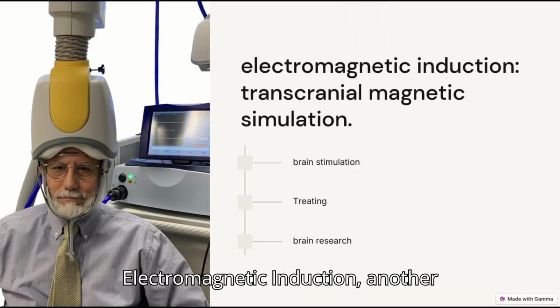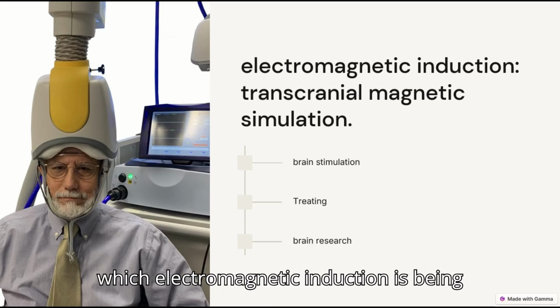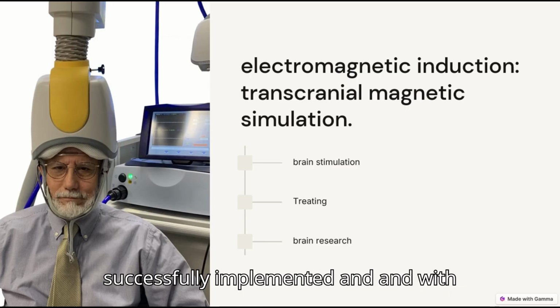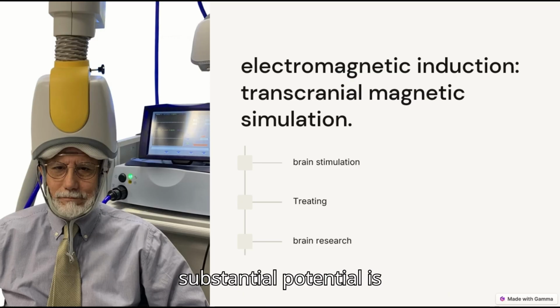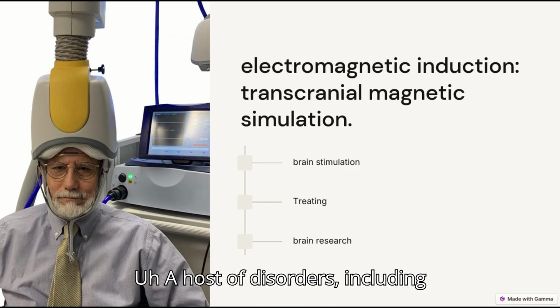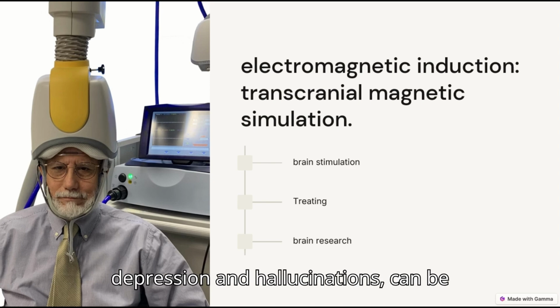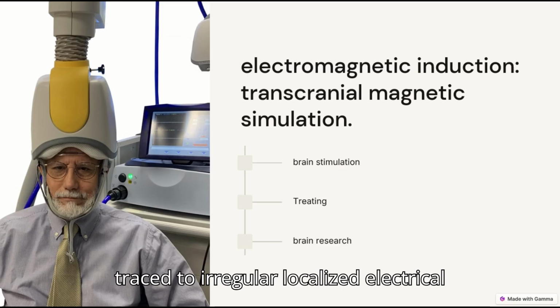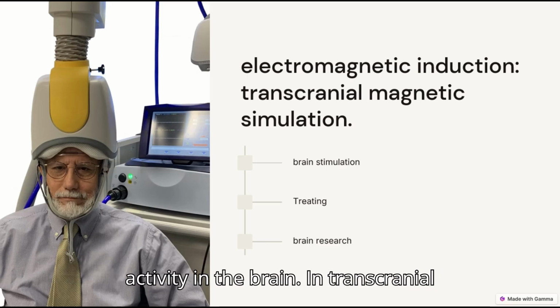Applications of electromagnetic induction: another contemporary area of research in which electromagnetic induction is being successfully implemented, with substantial potential, is transcranial magnetic stimulation. A host of disorders, including depression and hallucinations, can be traced to irregular localized electrical activity in the brain.